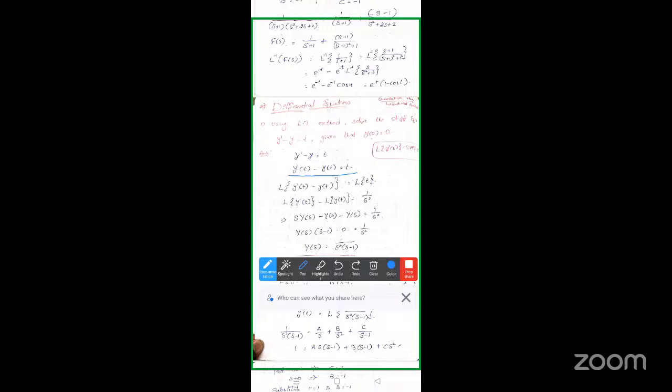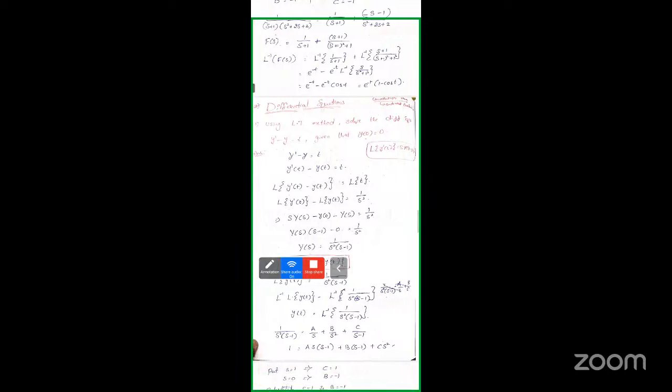We know that L of t is 1 by s square. So by using linearity condition on LHS, L of y dash minus L of y is equals to 1 by s square.